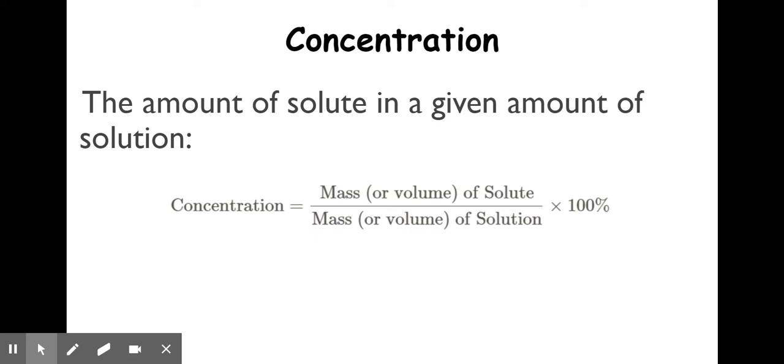The calculation of concentration is mass of solute divided by mass of solution, the total mass. Sometimes if both solute and solvent are liquid, we may use volume. On any food that you buy from the store, you can see they are normally labeled with a percentage. That percentage is the concentration.